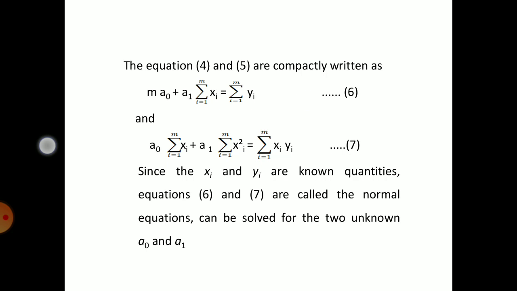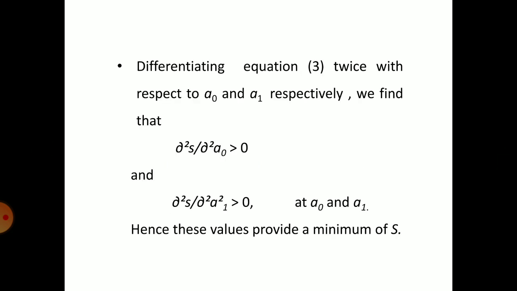These equations or some other equations may be given. You have to choose these two equations, which are called the normal equations. Using these equations, you have to remember that the values of a0 and a1 can be obtained. Now we shall see one example.